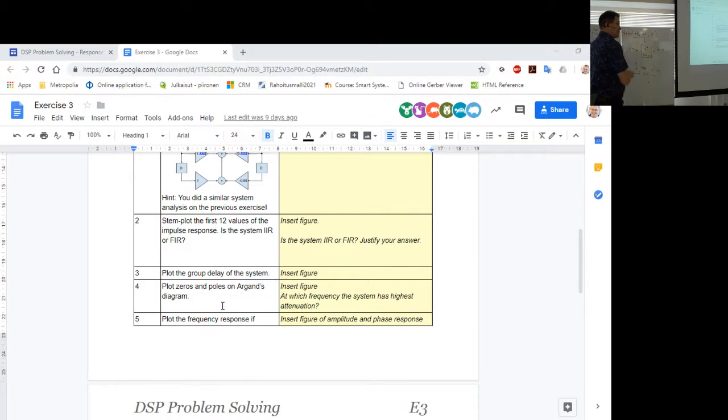Same thing for the group delay. I think the group delay was called grpdelay or something like that. I need to check it first, but anyways. Group delay means the time delay through the system, so this is time, and this is the frequency.